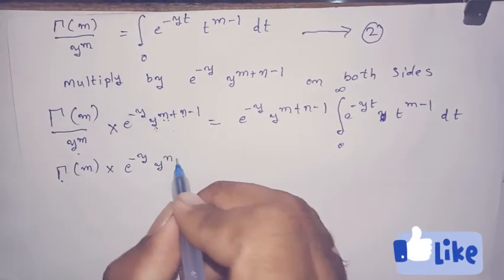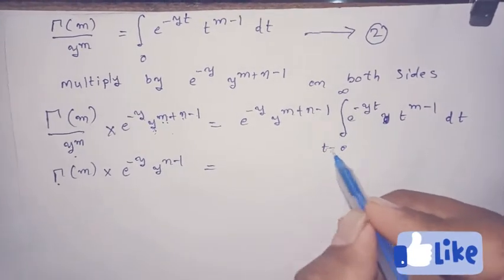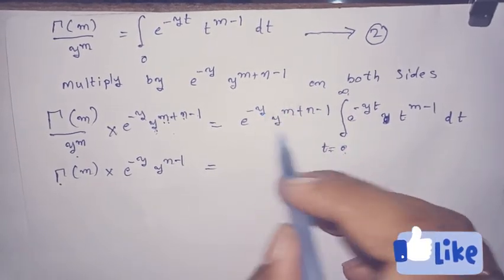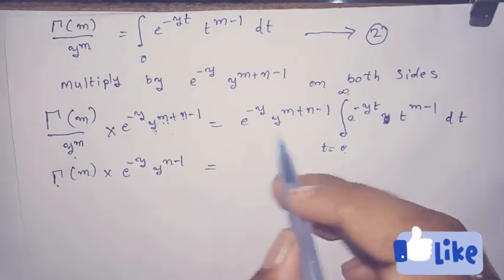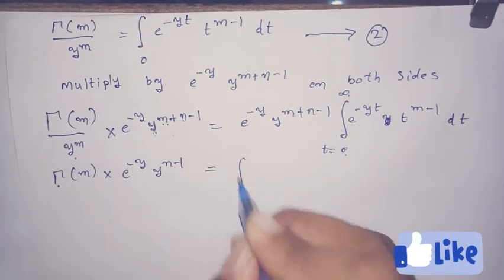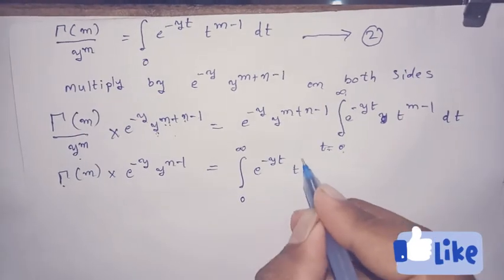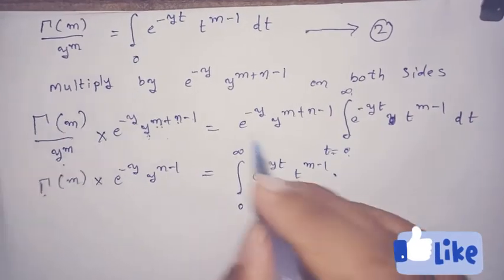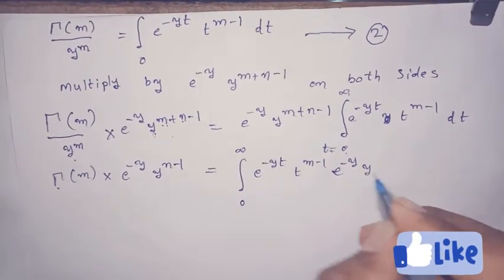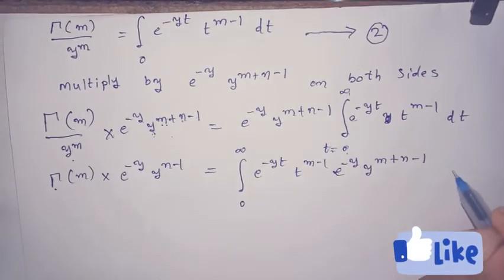In this side, since it is moving from t equal to 0 to infinity, the y term will be constant. Therefore we can move this function into the integration as a constant, that is, the integral with the limit 0 to infinity e power of minus yt, t power of m minus 1, e power of minus y, y power of m plus n minus 1, okay, dt.